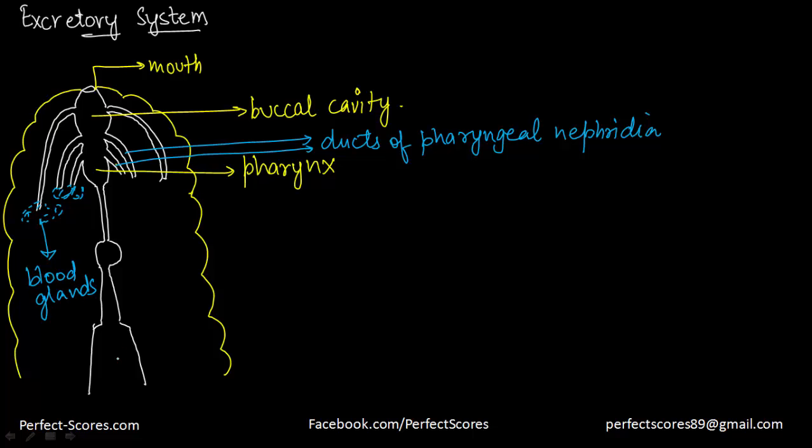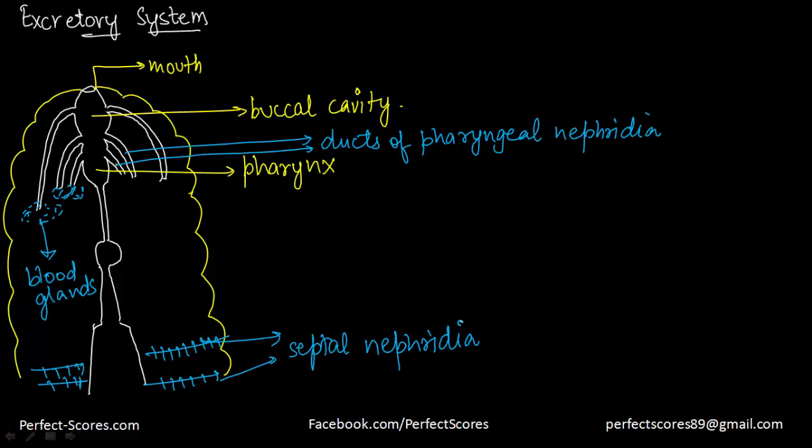Over here you have the septa, and there are structures in this part that are known as the septal nephridia. And then there are structures present on the skin that open outside in these segments, known as intergumentary nephridia.